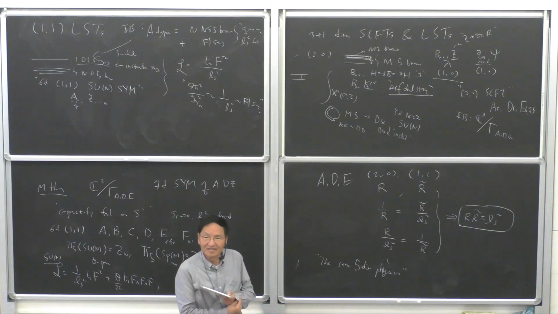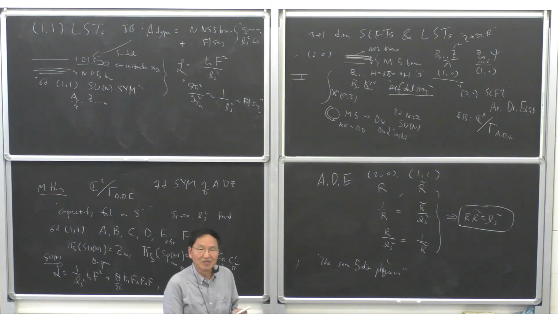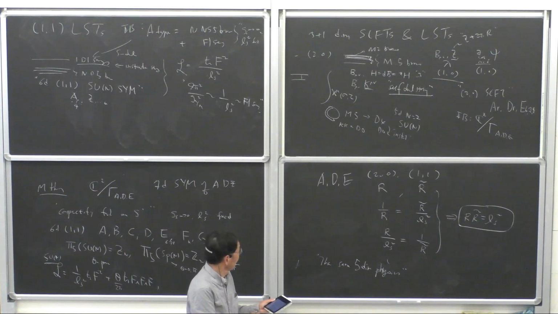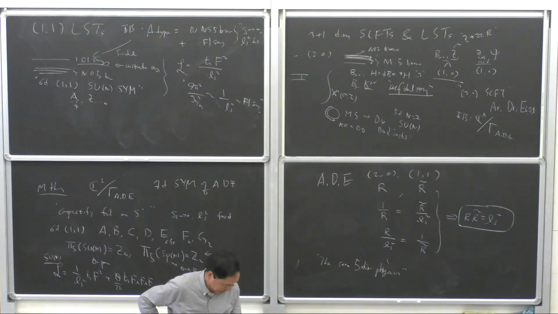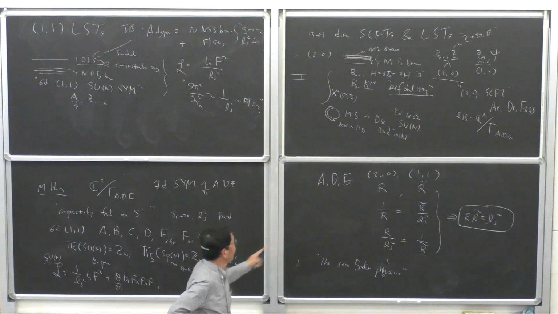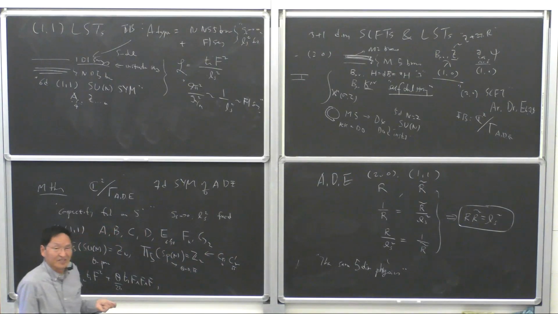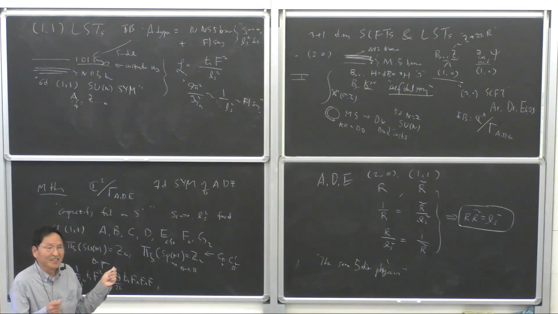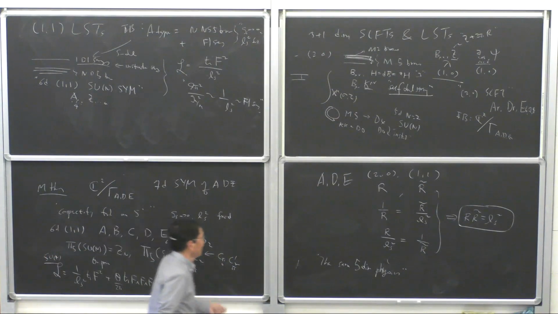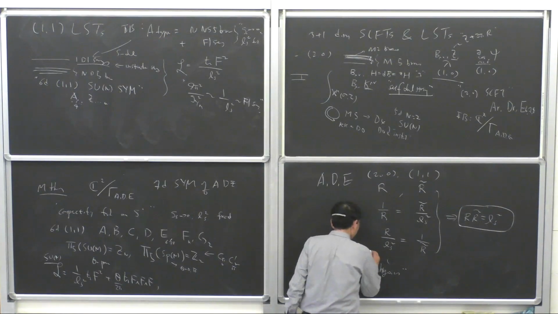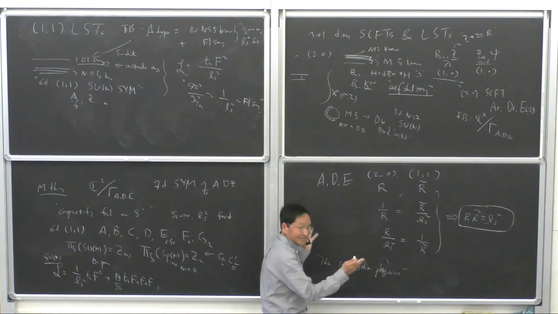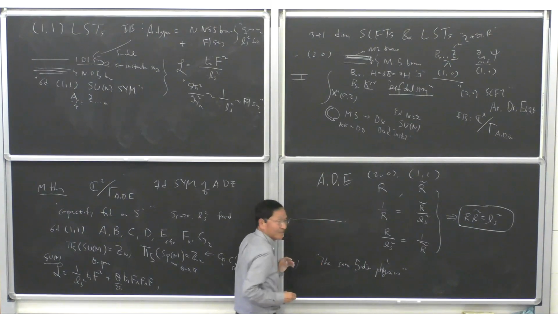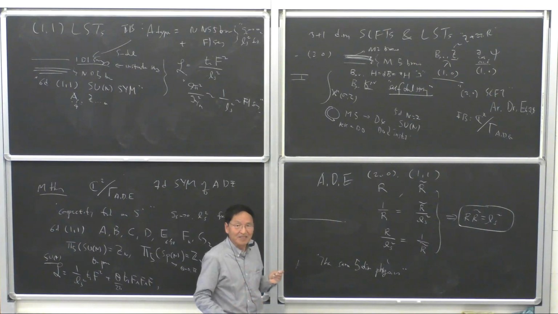Where winding and the KK momentum are exchanged. In addition, in 2,0 theory, I said that little string theory, little string or fundamental string is fractionalized. Suppose I don't wind the string, I just have a little string outside without wrapping it.